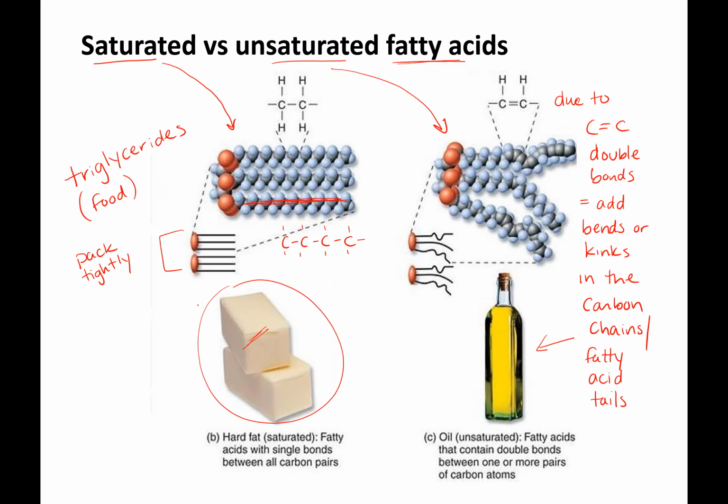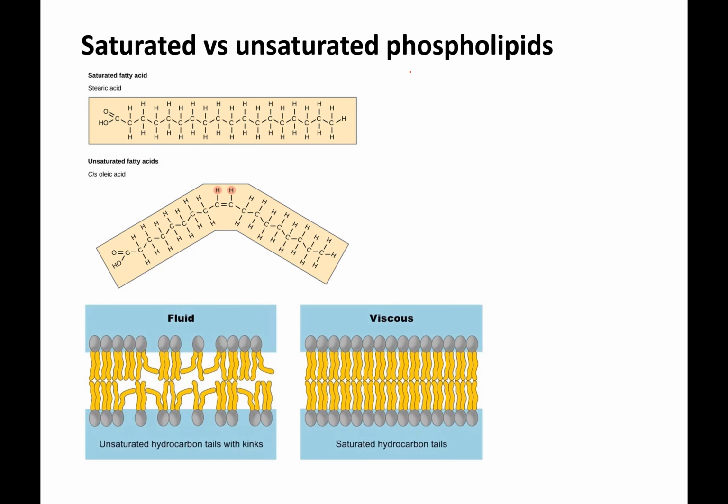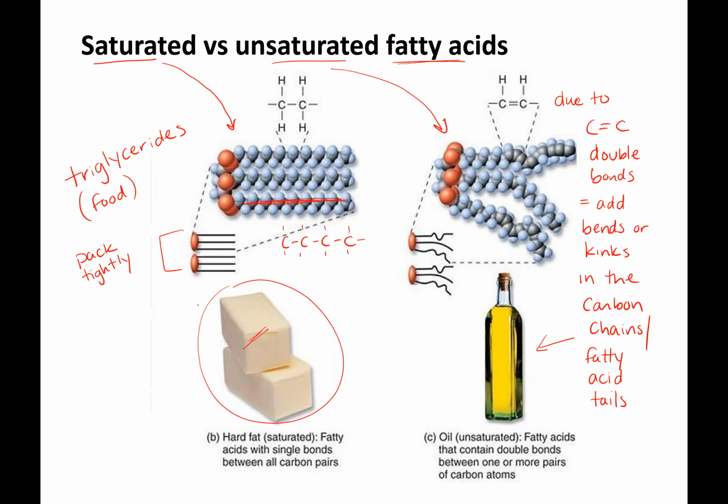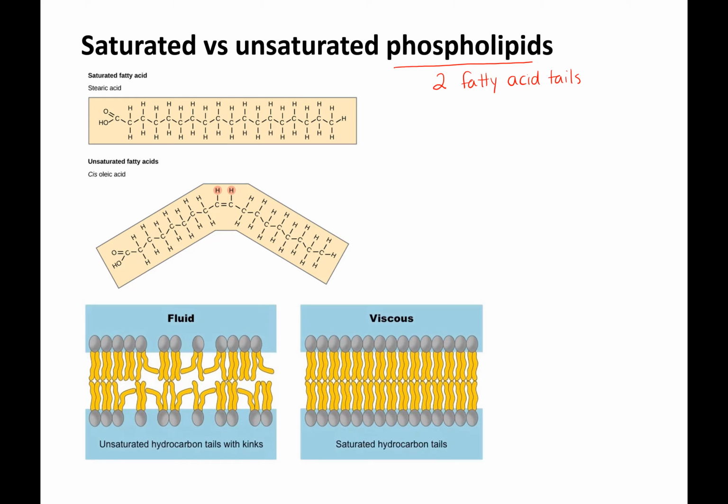So let's look at phospholipids. Phospholipids only have two fatty acid tails. So I just want to go back and contrast. Triglycerides have 1, 2, 3. This is found in the foods that you eat, but phospholipids only have 2. Remember, we draw them with a little head and the 2 tails.